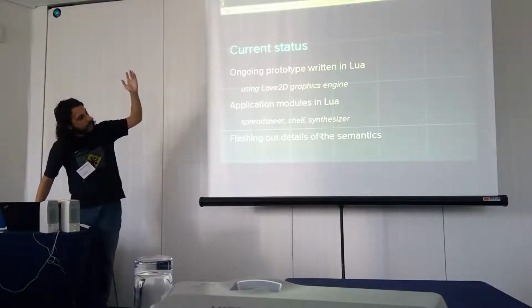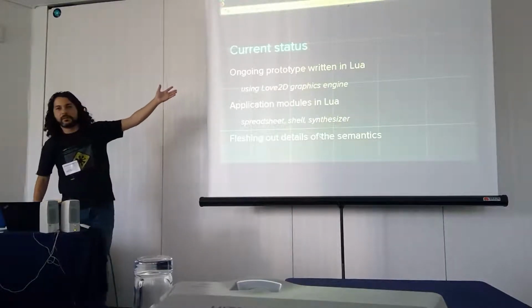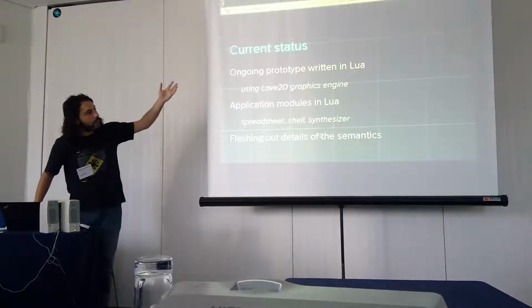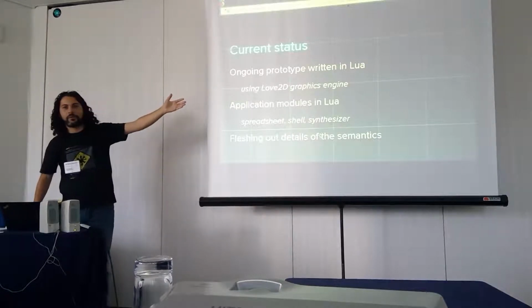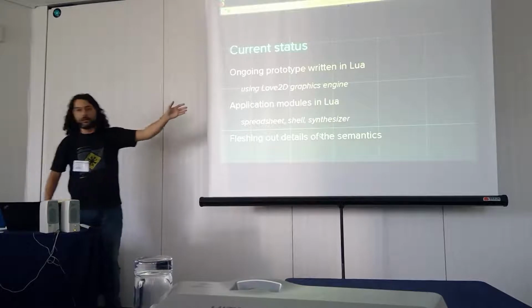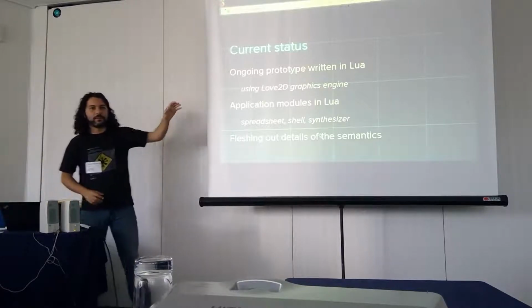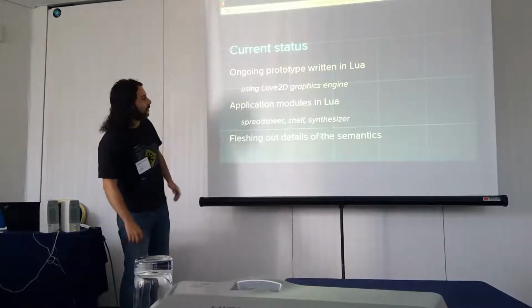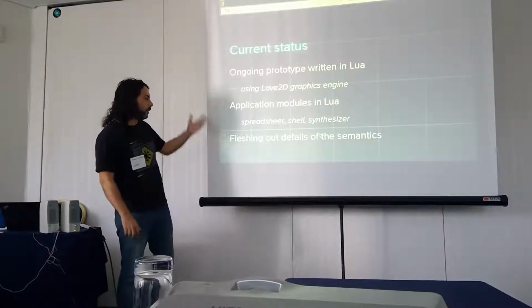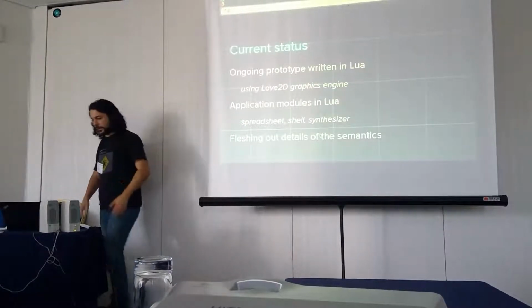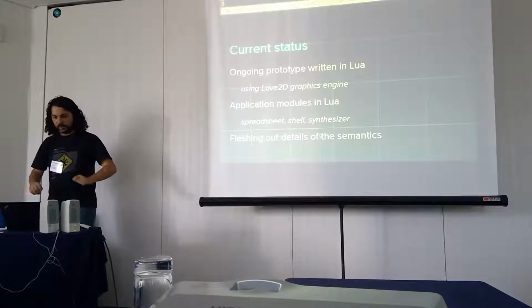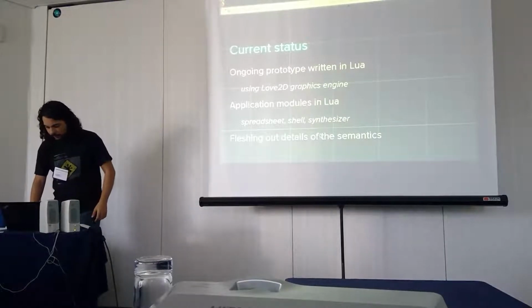Quick current status: this is the prototype written in Lua, because it's the language I'm fascinated by coding in. I'm using a game engine for this because I figured gaming people know what's up. The application modules so far are written in Lua. I'm still fleshing out the details of the semantics. Some of the modules still have some hacks in there to make everything work.